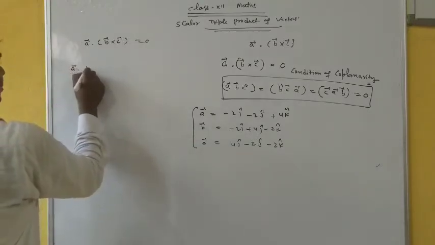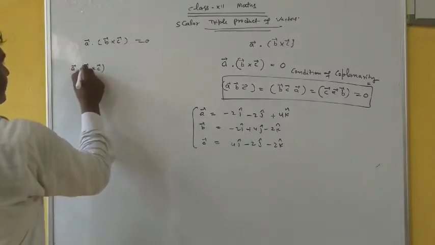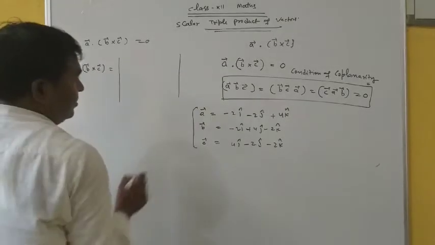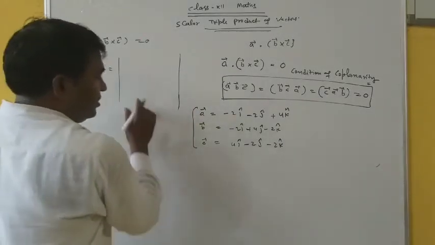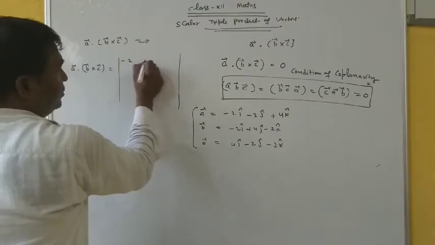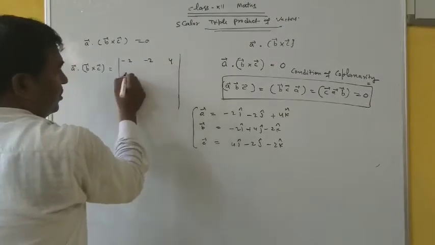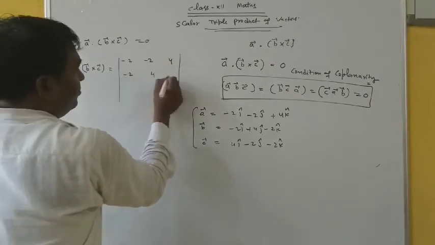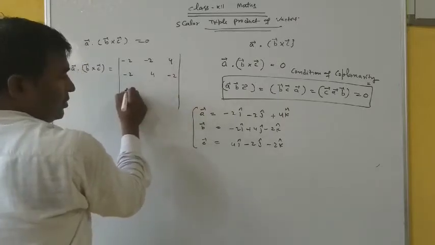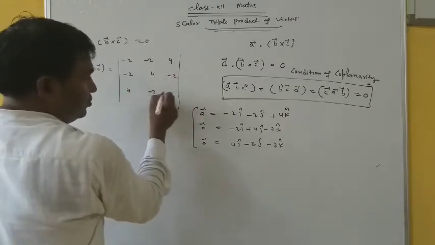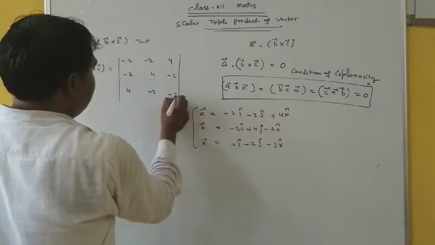So, vector A dot vector B cross C will be equal to, by the determinant method of scalar triple product, minus 2, 4, minus 2, here 4, minus 2 and minus 2.